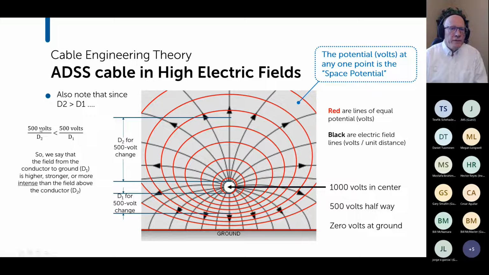And that's simply because 500 divided by a larger number is smaller than 500 divided by this number, because D1 is smaller.